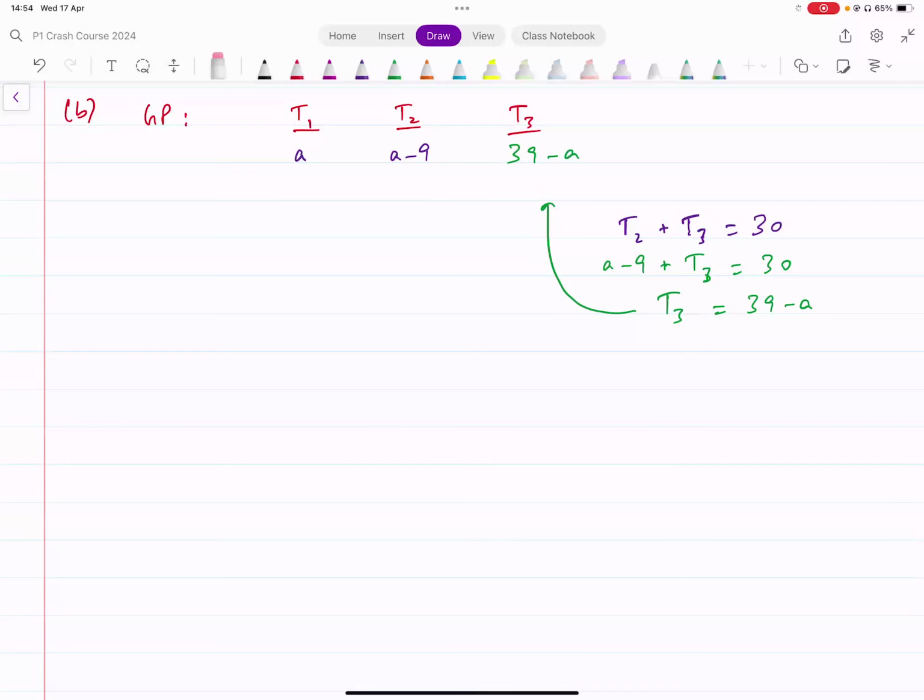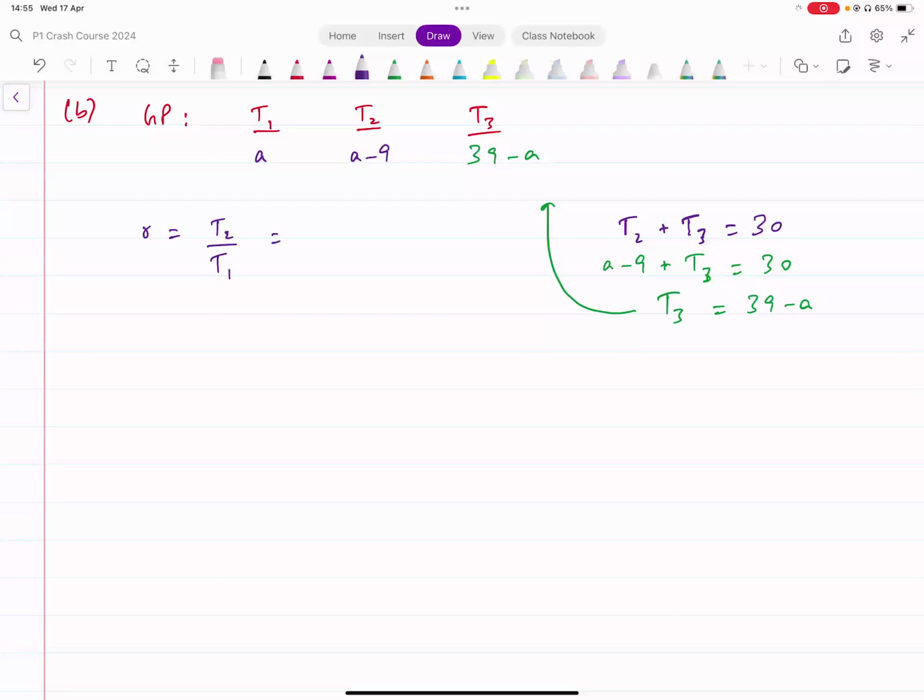It's a geometric progression. Remember, in a geometric progression, the ratio of the terms is equal. We've talked about this before when we did GP. If we have 3 consecutive terms of a GP like this, we could find the ratio by dividing the second term by the first term, and we could also find the ratio by dividing the third term by the second term.